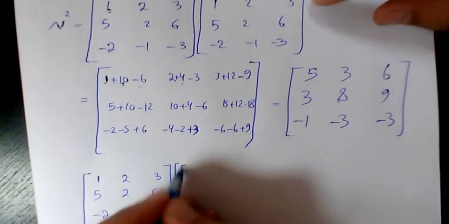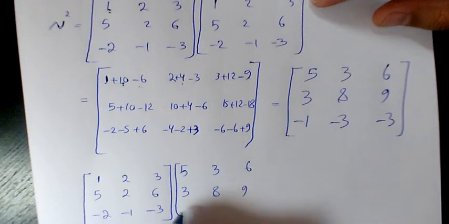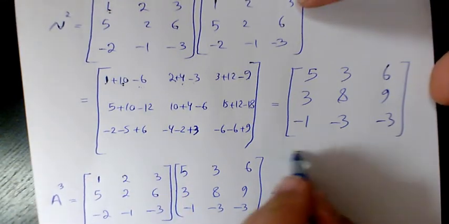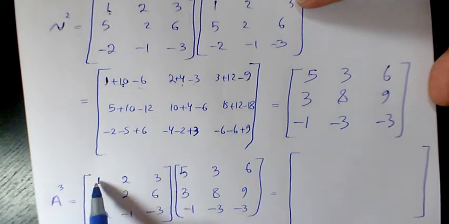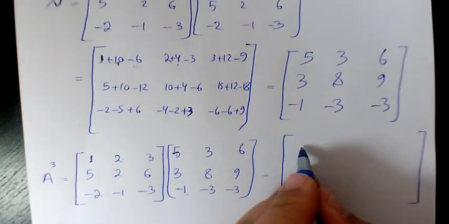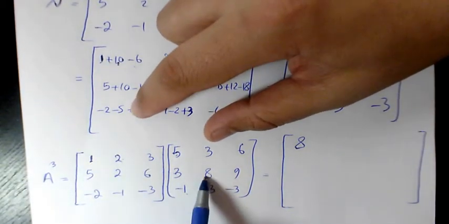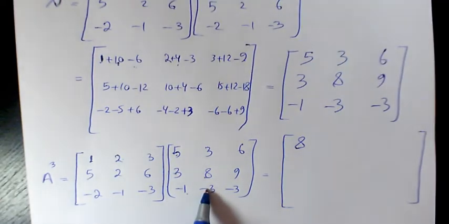Times what you got in here, because N squared is not 0, so we try to have a cube. So we have 5 plus 6 minus 3, it's going to be 8. Then you have 3, 16 and negative 9, it's going to be 10.